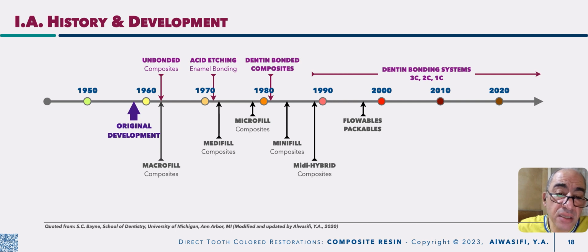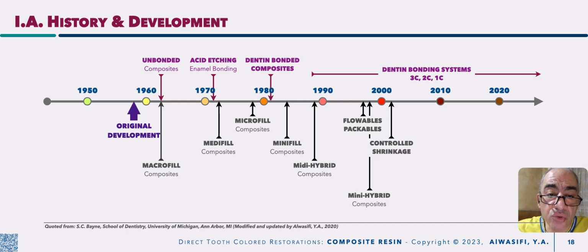In the late 90s, flowable and packable systems were developed, followed by many hybrids, then controlled shrinkage in the early 2000s.